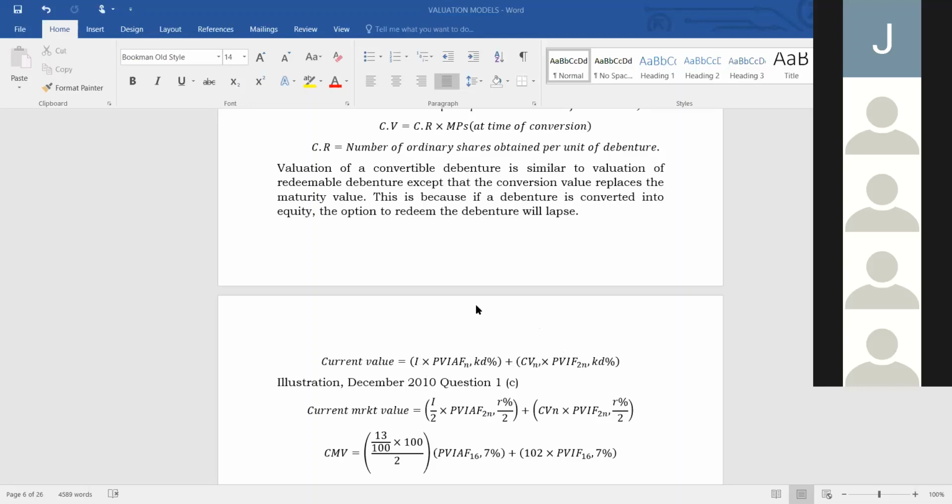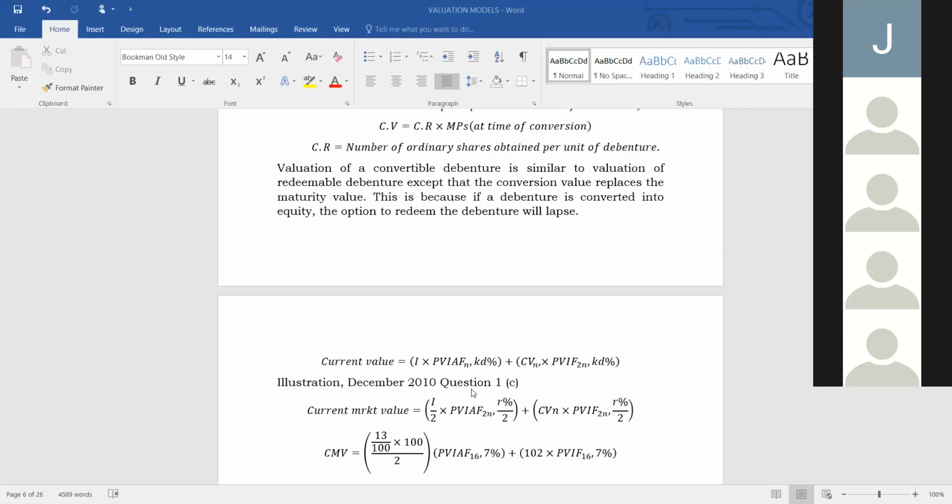Interest is still treated as an annuity of a period which is known. Then at some point in time, the debenture is convertible into ordinary shares, giving rise to what we call a conversion value. And I said that conversion value is conversion ratio times market price for each ordinary share at the time of conversion.